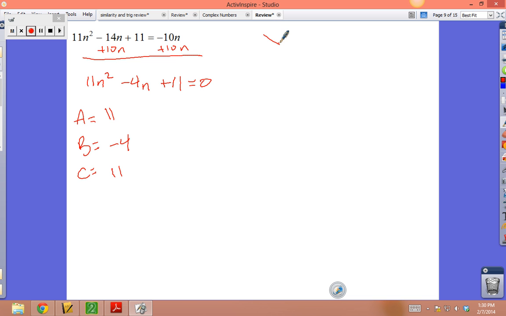So now, x equals negative b plus or minus the square root of b squared minus 4 times a times c, all over 2 times a. If you do not put b in parentheses, you're going to miss it.